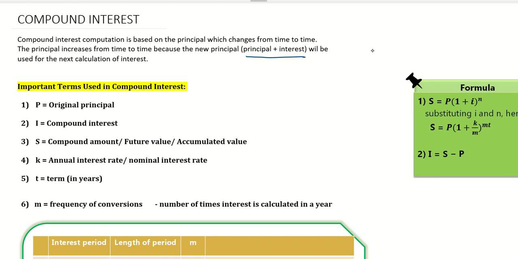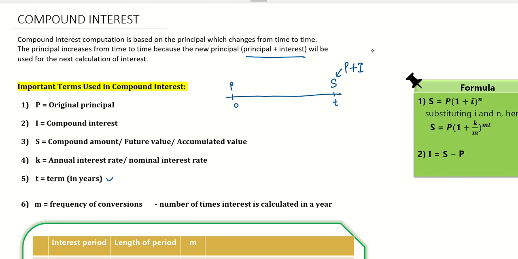Let's take a look at the important terms used in compound interest. The first one is P, original principle. Second, I, compound interest. Third, S, compound amount or future value or accumulated value. These three terms are just like simple interest: at the beginning, the original principle P is invested or borrowed, and at the end of the term T, which must be in years, we get S, which is principal plus interest.